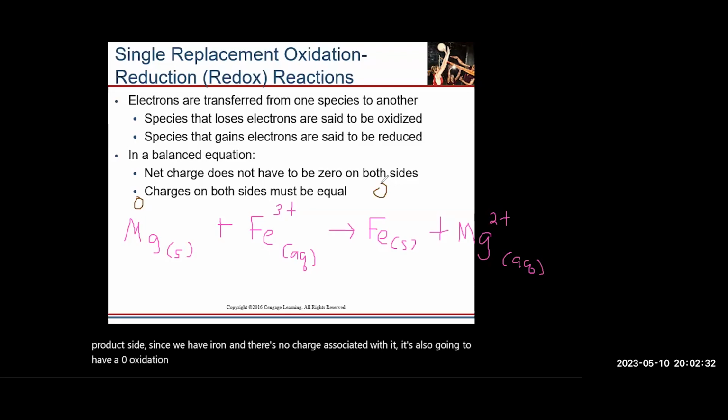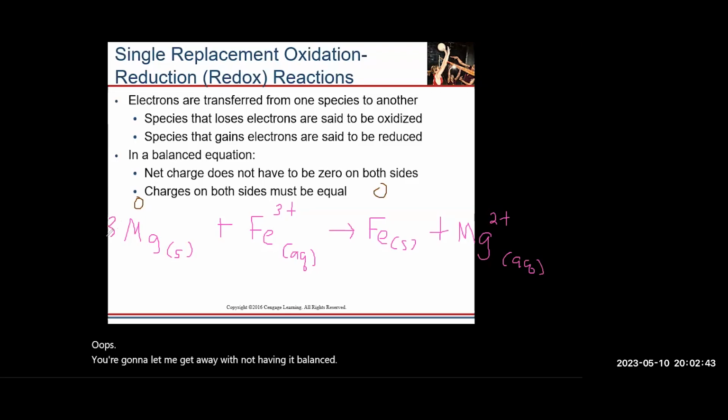Now, the oxidation state of the ion is going to be the charge on the ion.